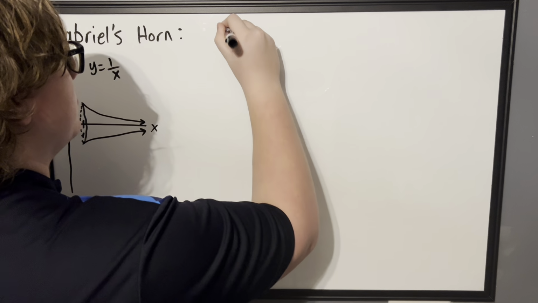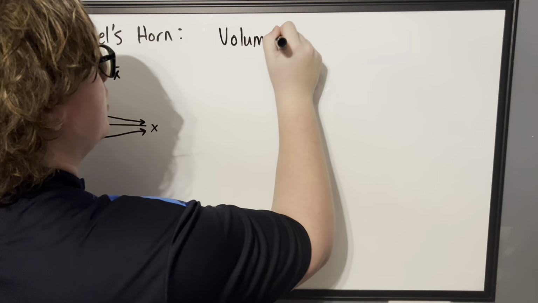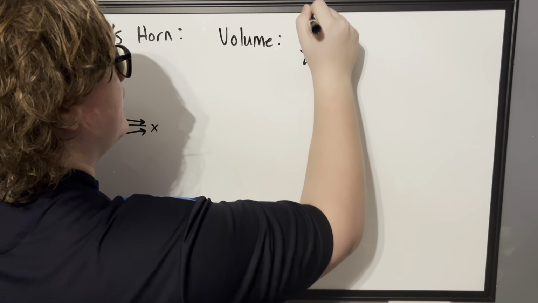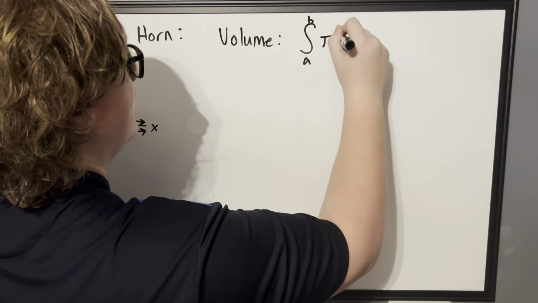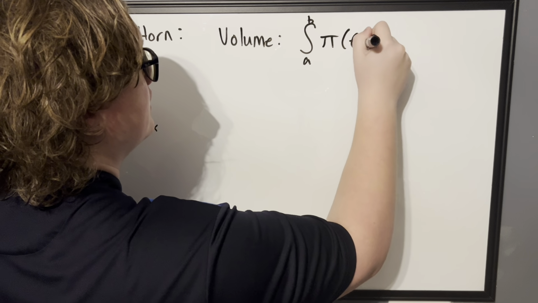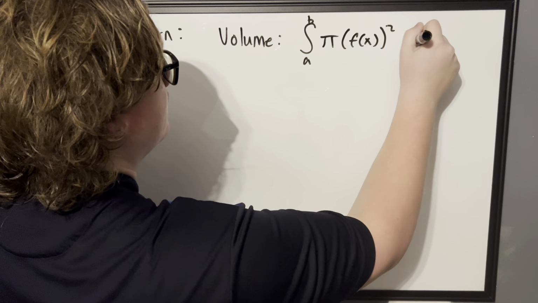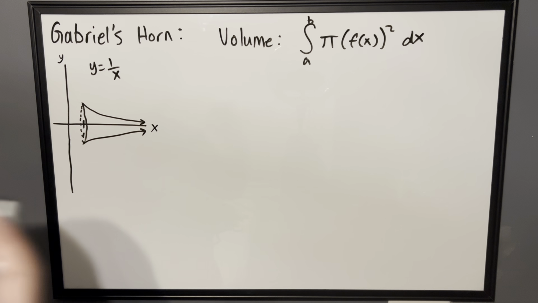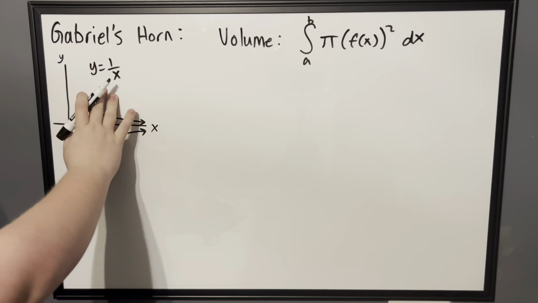So for the volume of a solid of revolution, we use this formula: the integral from a to b of pi times f of x squared dx. This is the formula that we use to find the volume of a solid of revolution. Now, of course, we know that the function here is 1 over x. We have that right here.